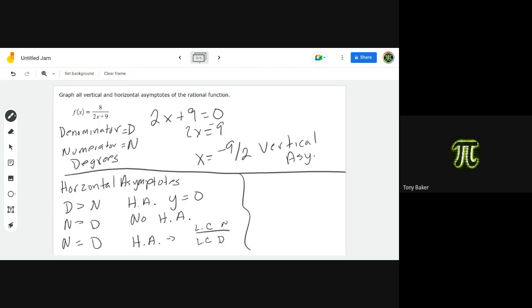So in this problem, what's my horizontal asymptote? It's 0. The degree on the top is 0, right? There's no x. Degree on the bottom is 1. So 1 is greater than 0. So therefore, the horizontal asymptote is y equals 0.